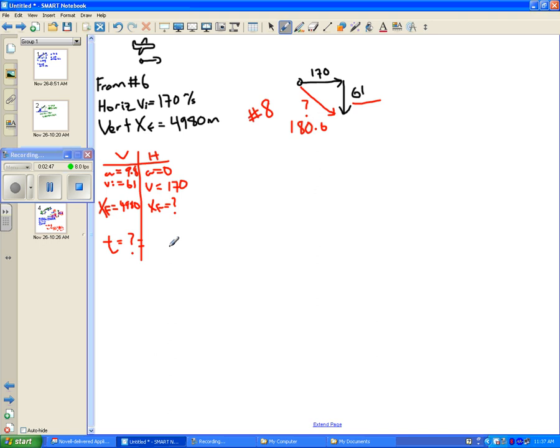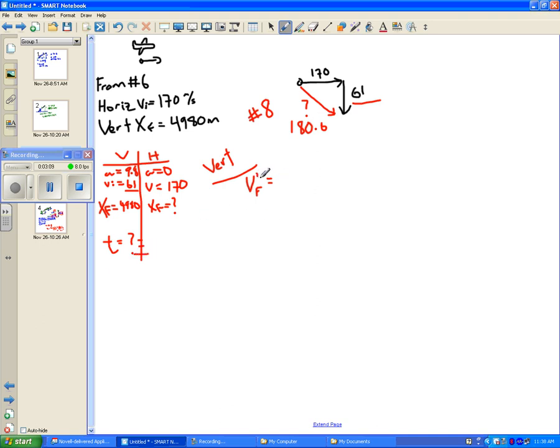Solve the time for one side, get it for the other. This is a problem where you cannot use the square root of 2xf because the initial velocity is not 0. So what we're going to do, I'm going to solve for v final first. Then once I know v final, I can figure out the time it was in the air. And that'll get me back on track.